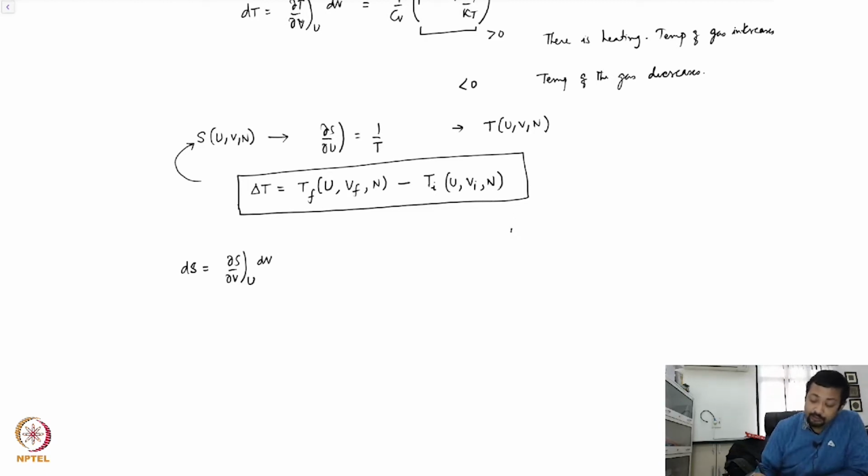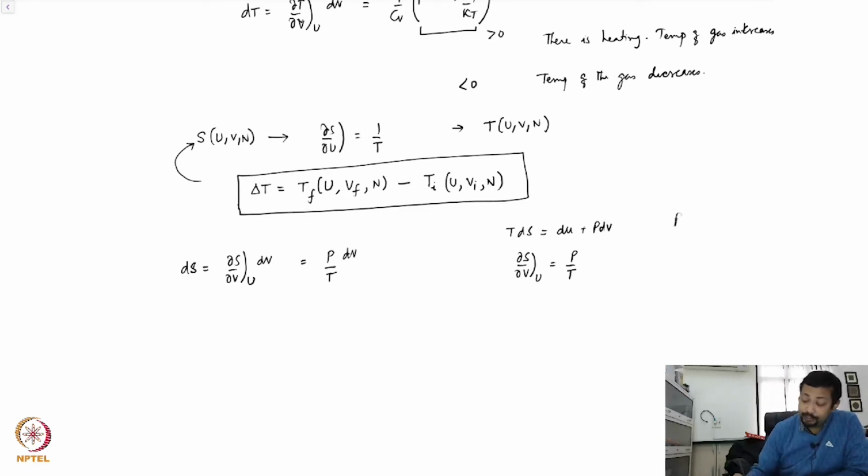And if you look at the first law, which was TdS equals dU plus PdV, then you see that del S del V, U held constant, is actually P by T. So that you have P dV over T.